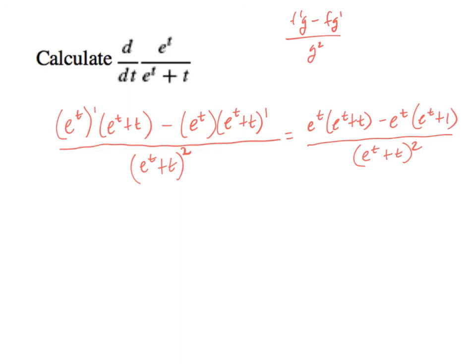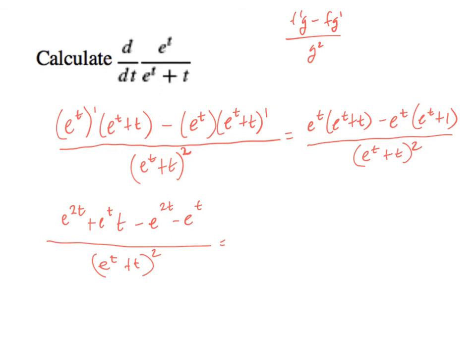So I am going to distribute, and I have e to the 2t plus e to the t times t minus e to the 2t minus e to the t over e to the t plus t squared.